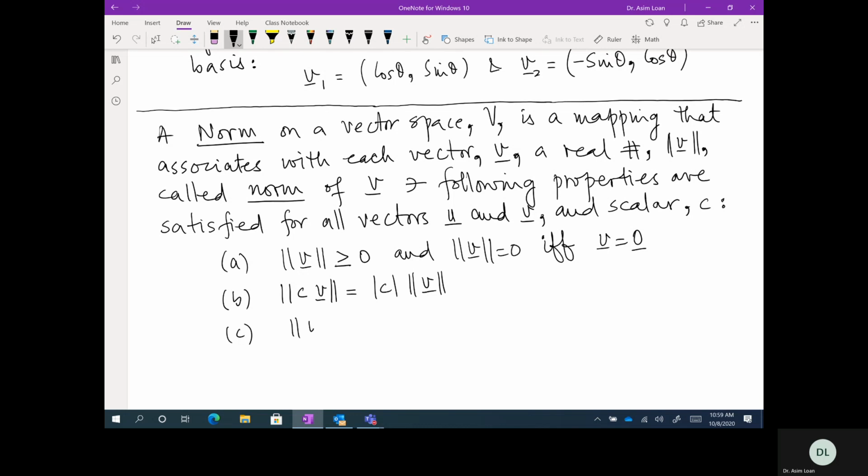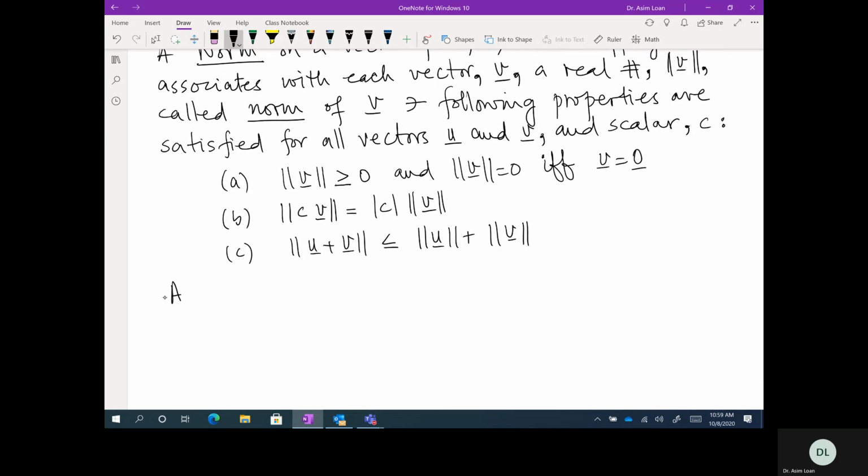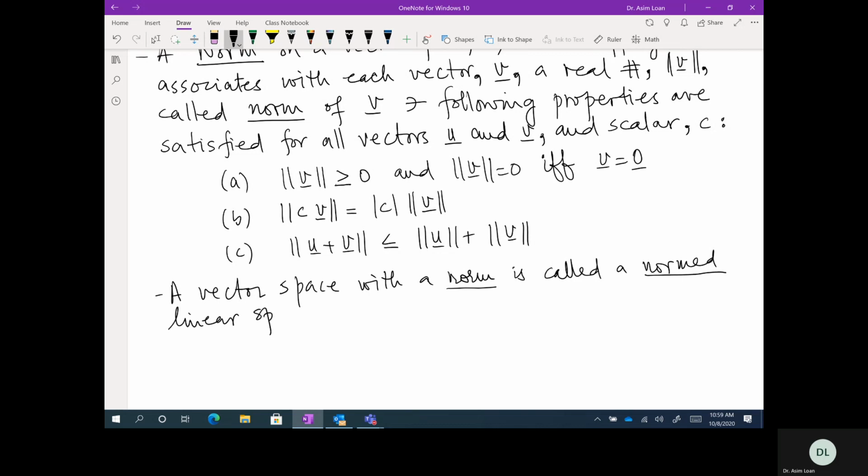And finally, the norm of u plus v is less than or equal to the norm of u plus the norm of v, and this is the triangular inequality. A vector space with a norm is called a normed linear space.